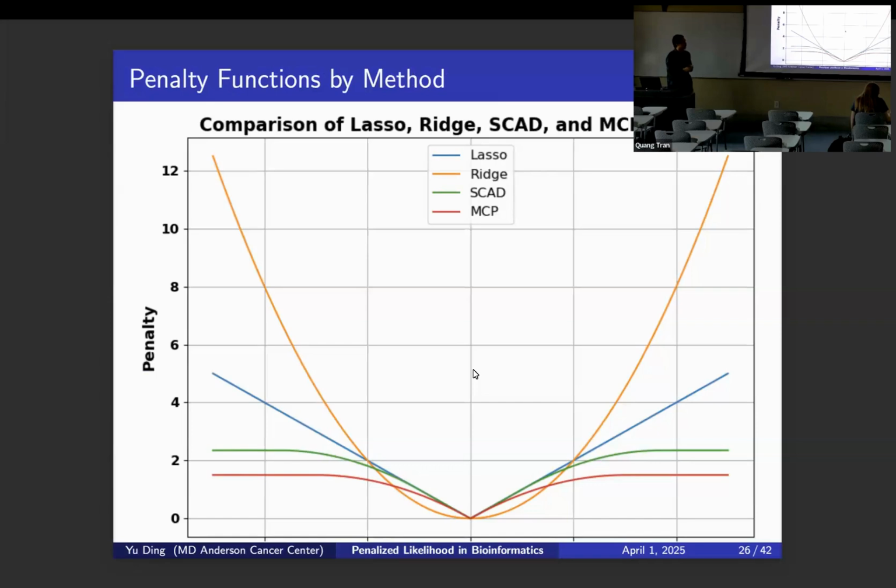Okay, so this is the overall picture of these 4 different regressions. And we see this is SCAD and this is MCP. We see that the shape of SCAD and MCP, at least the dynamics of them, tend to become quite similar.